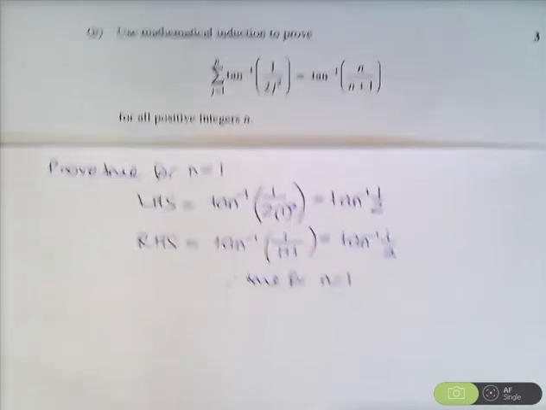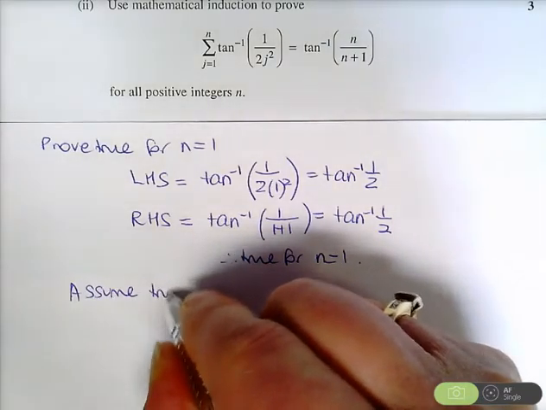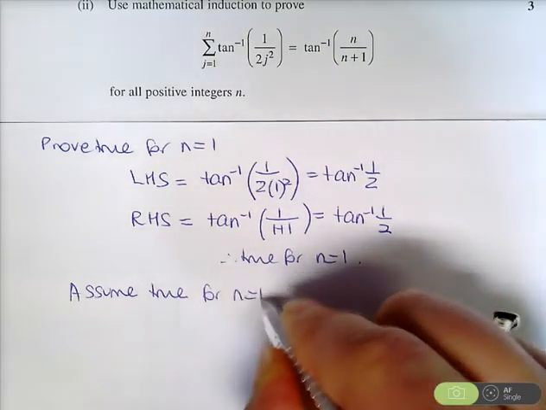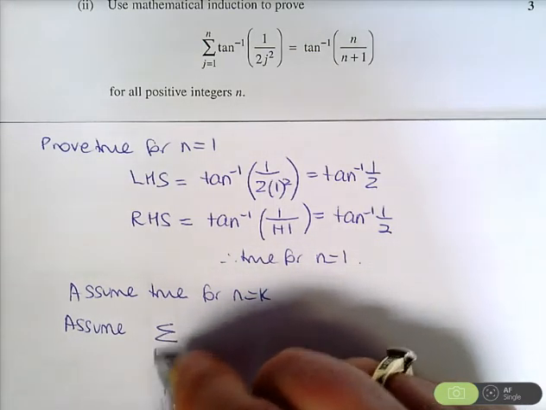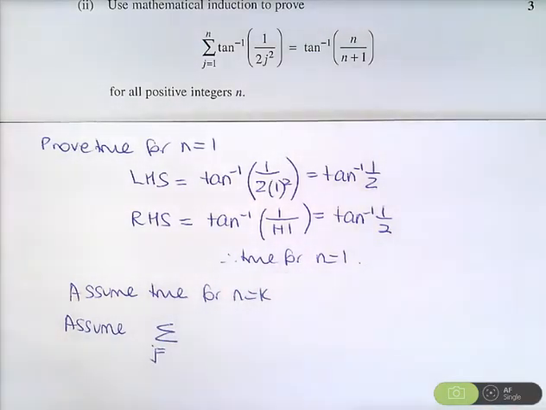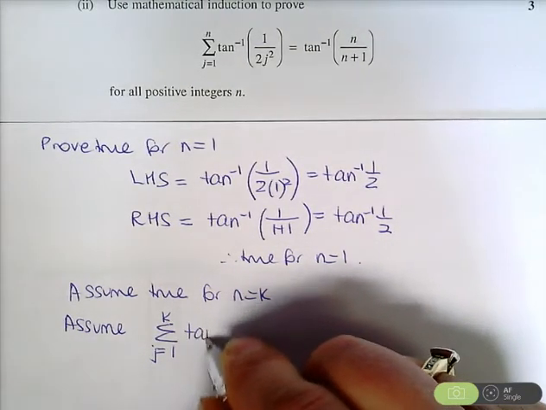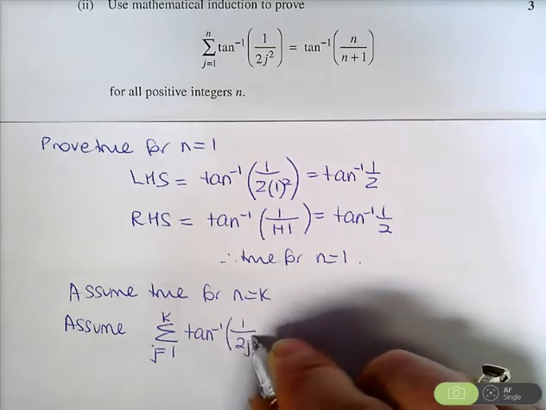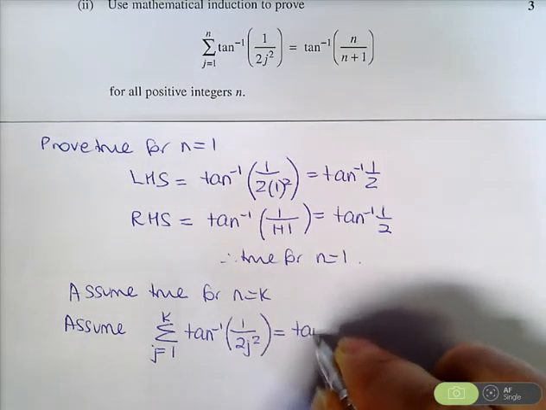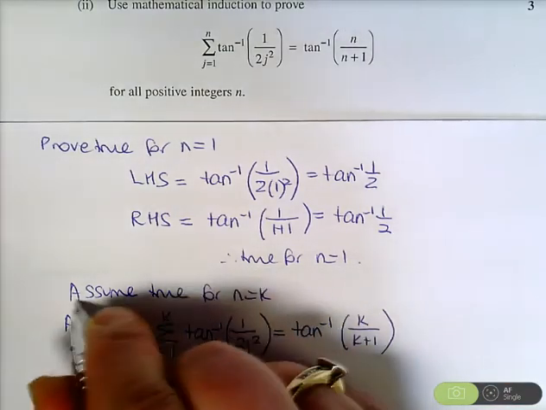Now we're going to assume true for n equals k. That is, we're going to assume that the sum from j equals 1 through to k of inverse tan of 1 over 2j squared is equal to the inverse tan of k over k plus 1.